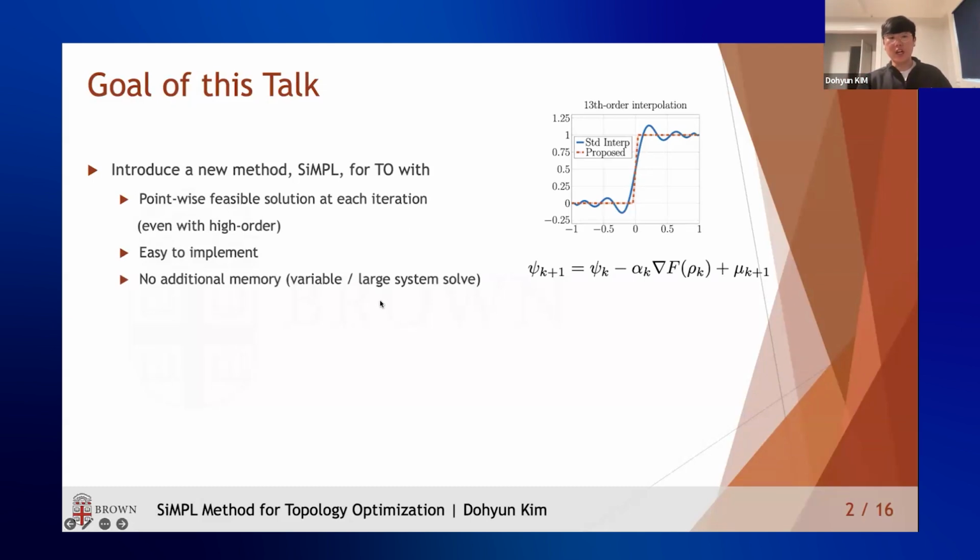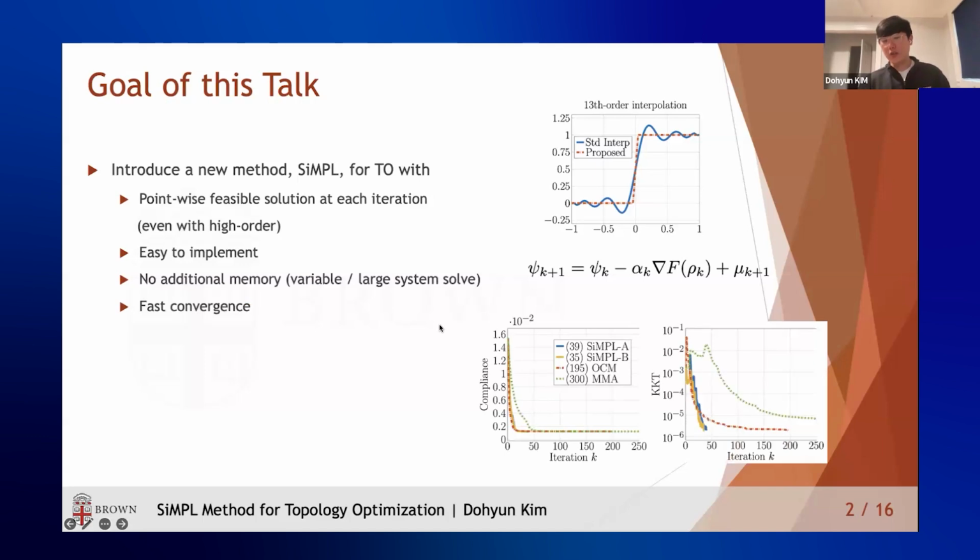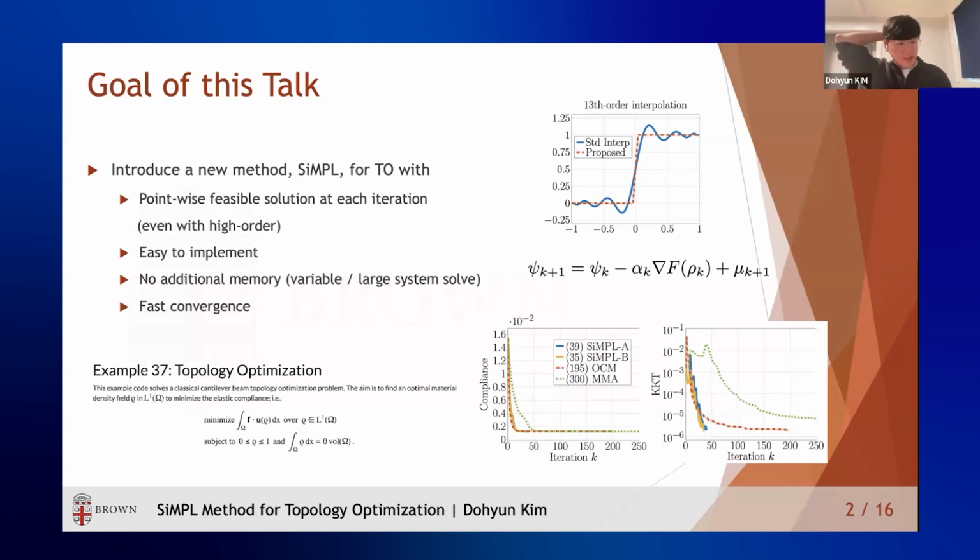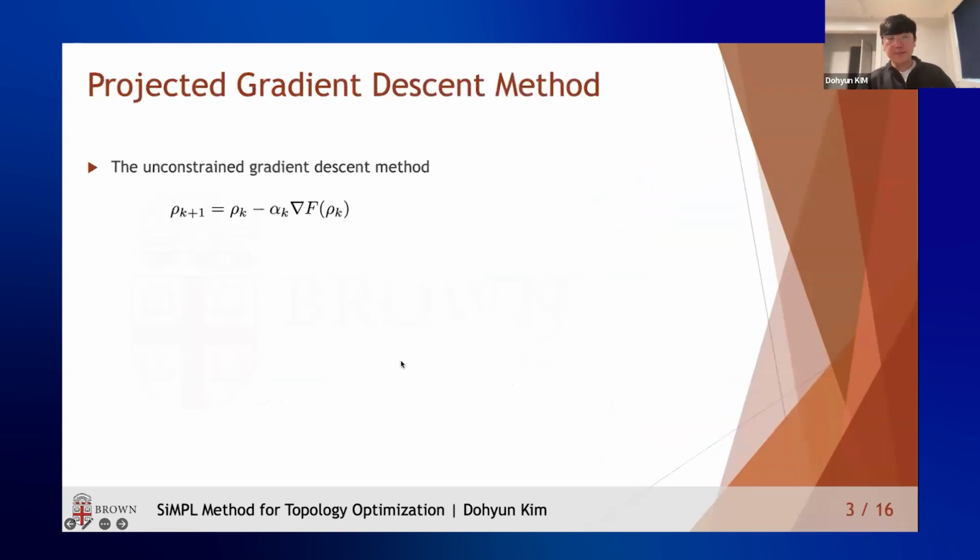So it does not require any additional memory or large system solve. And we want to obtain very fast convergence. SiMPL A and SiMPL B are our methods. They converge within 40 iterations, while other methods failed to converge or took much longer to converge. A preliminary version of this work is already in MFEM, example 37, if you're interested, please take a look.